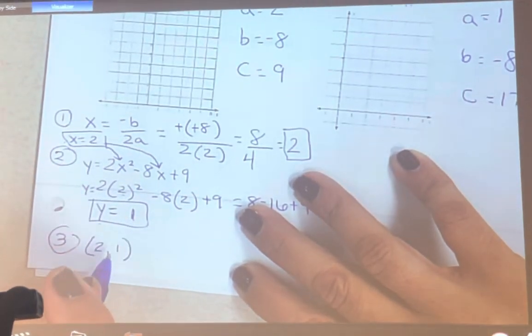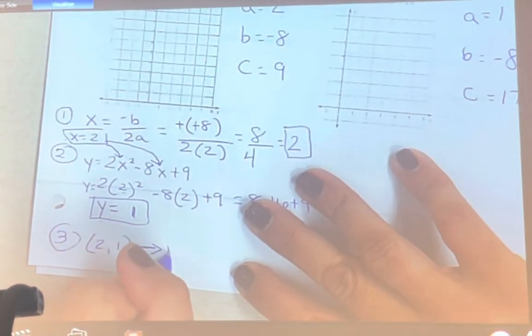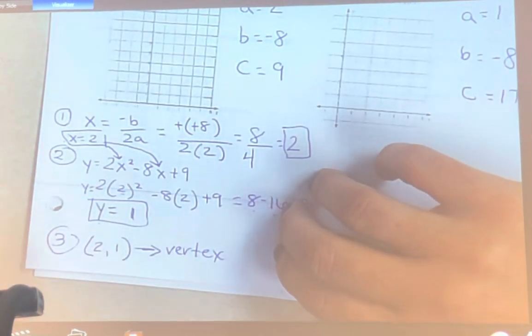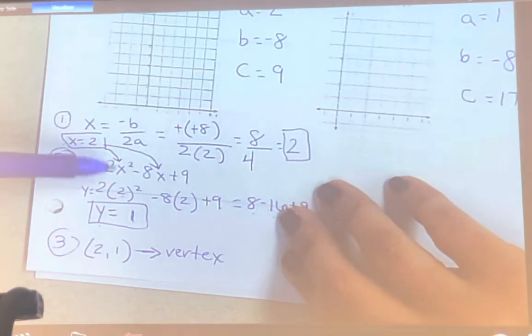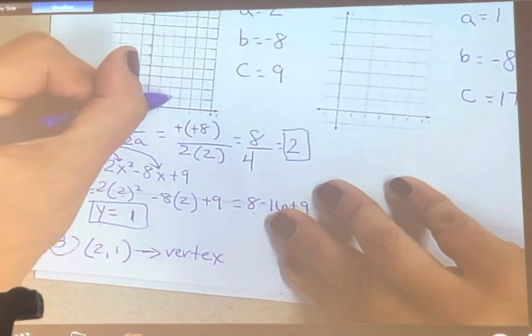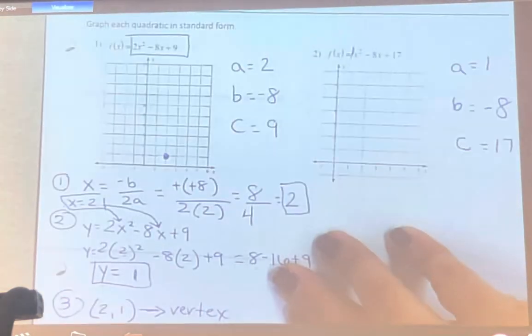That's our vertex. So that means that's where our parabola is going to start. So we go to 2, 1, right there, vertex. Done.